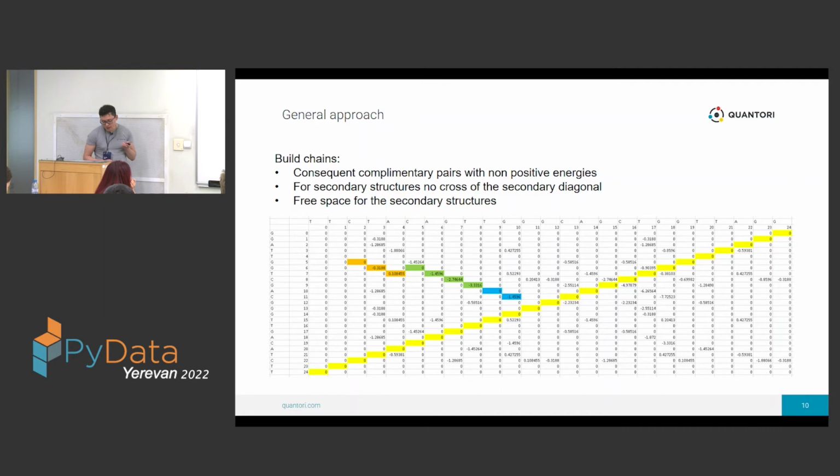So when we build those chains, we also need to see the free space associated with those chains for the secondary structures. So, for example, this one would be the cutoff, because otherwise we wouldn't be able to build the hairpins associated with the chain. Also, I should note that we do not consider as a combination the chains which overlap. So those should be filtered out.